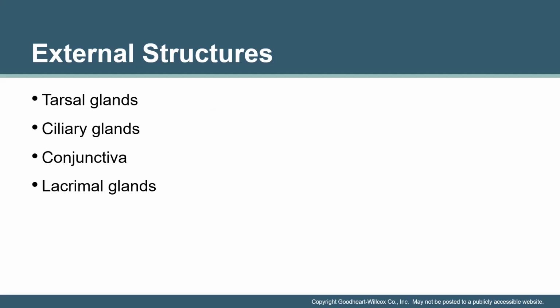The lacrimal glands are the glands that are above the lateral commissure, or the outer end of the eye. These glands will have a duct, which means they're going to be an exocrine gland.